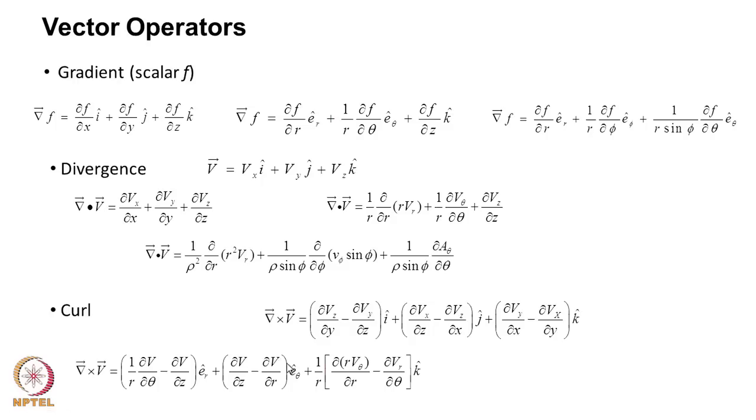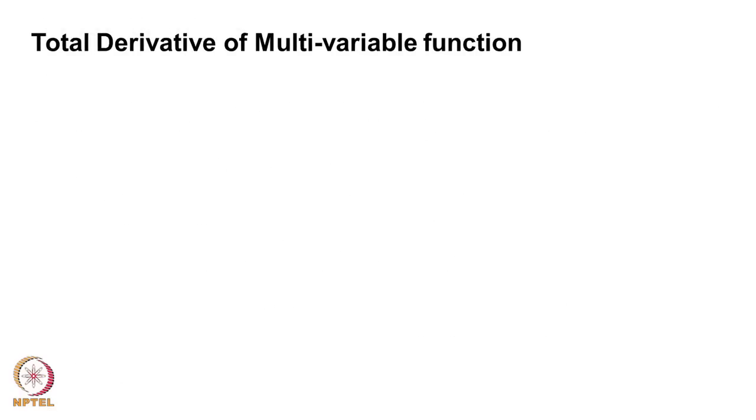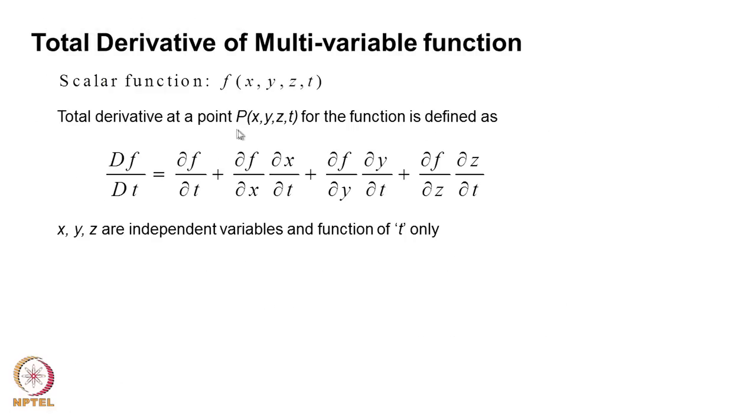Then another important mathematical quantity for fluid mechanics is what is known as the total derivative. So, for a function which is defined in x, y, z and t, one can define the total derivative of the function at a point P, and this is defined as capital D of the function by capital D t, which is dou f by dou t plus dou f by dou x into dou x by dou t plus dou f by dou y into dou y by dou t plus dou f by dou z into dou z by dou t.